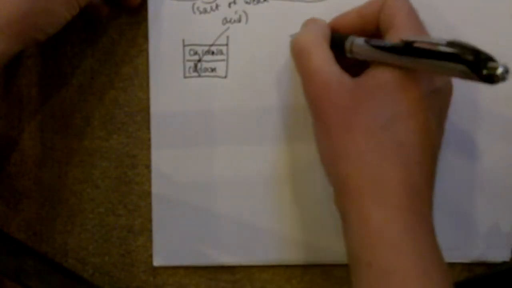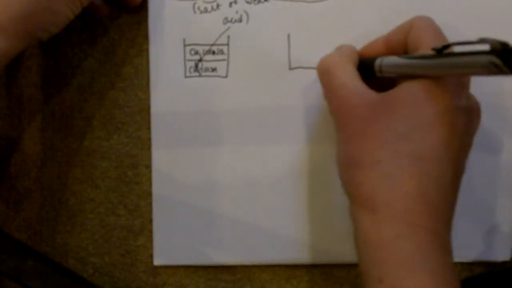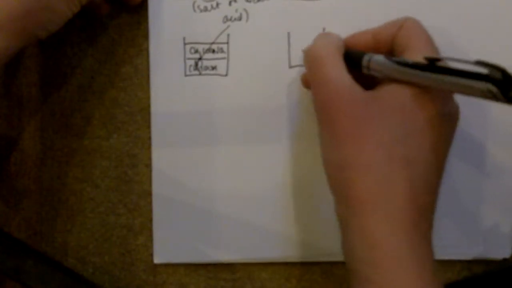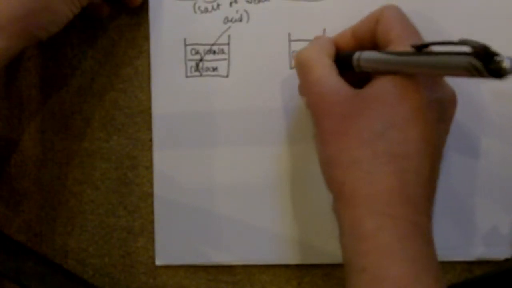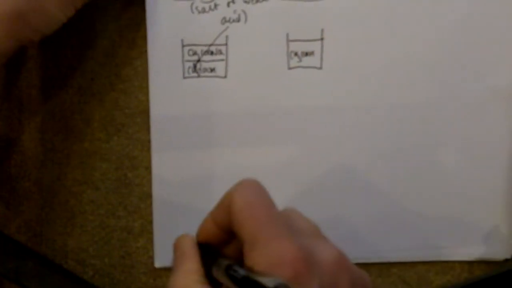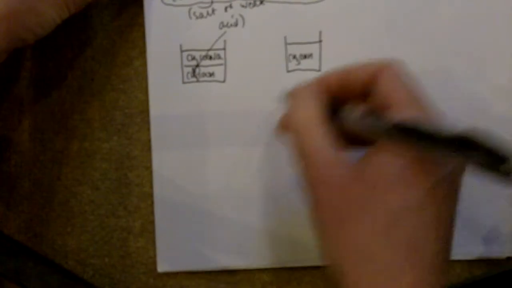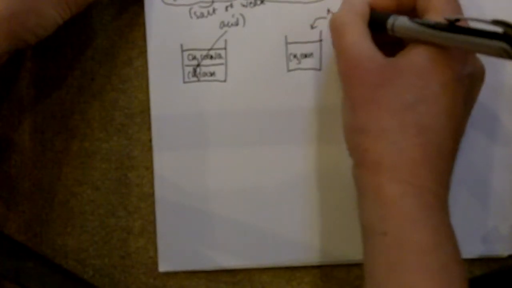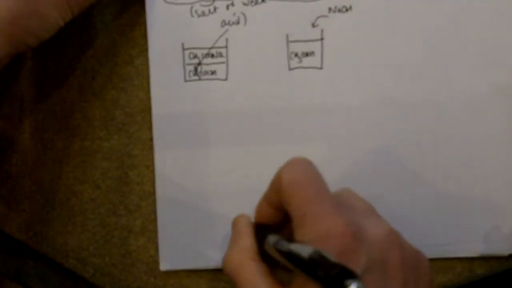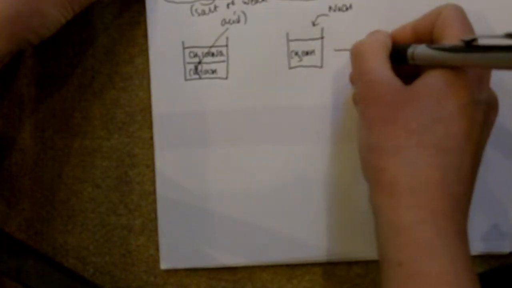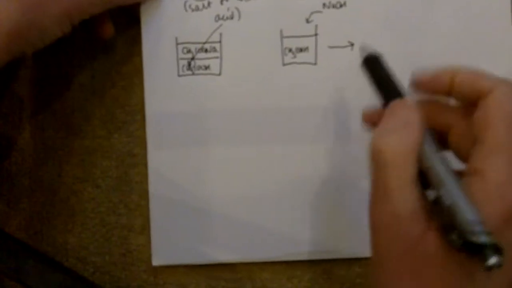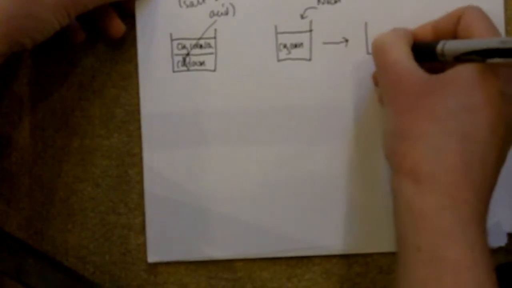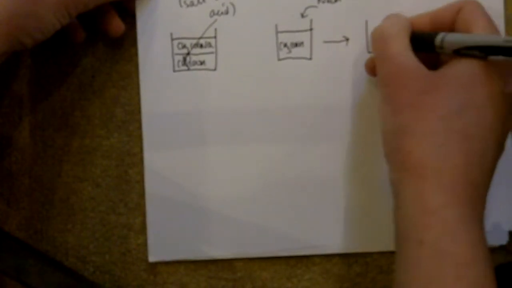A second way to make a buffer is that you have your weak acid, but you have more weak acid. So you have more weak acid, ethanoic acid, and this time you add sodium hydroxide, and when sodium hydroxide reacts with ethanoic acid, it makes sodium ethanoate. So then you've got to get your proportions careful.